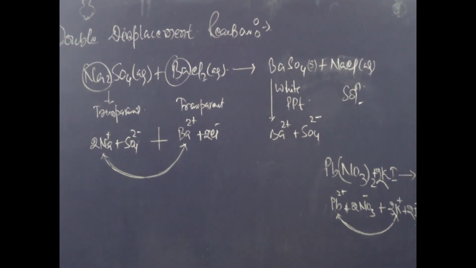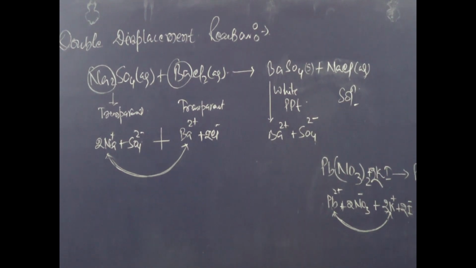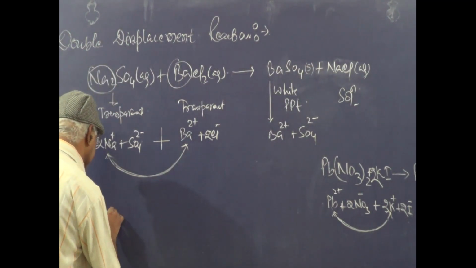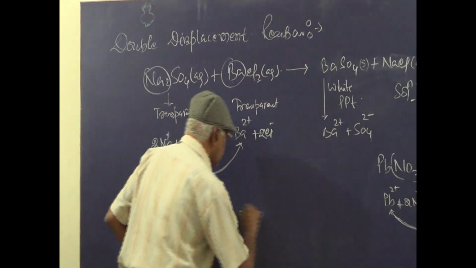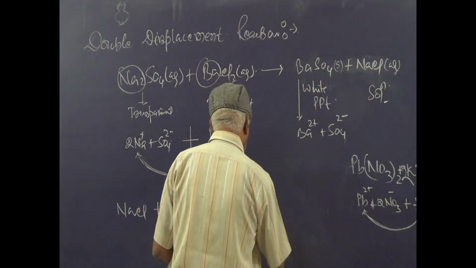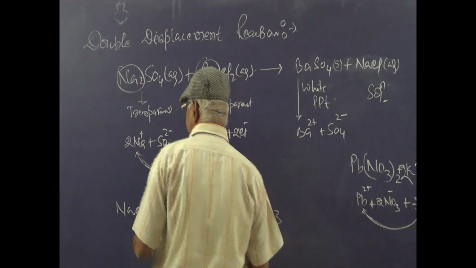We can also take another example, sodium chloride and silver nitrate. If you take sodium chloride and silver nitrate, again a white precipitate forms. See, another third example: sodium chloride NaCl plus silver nitrate AgNO3 gives NaNO3, sodium nitrate.